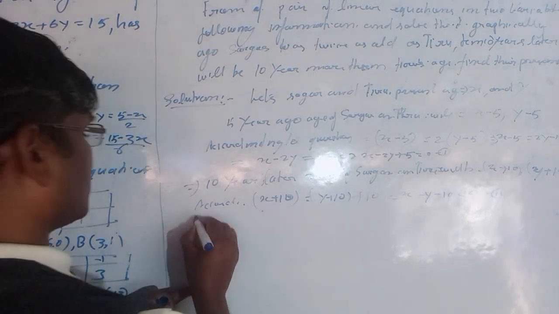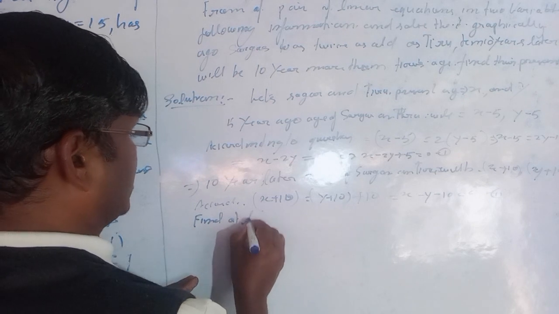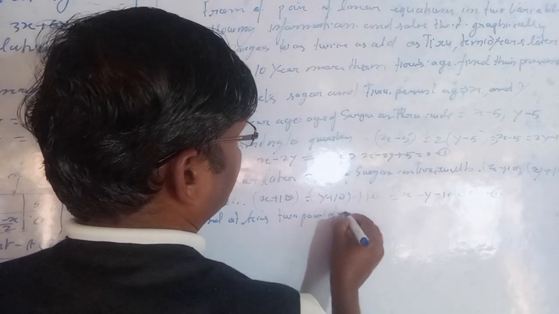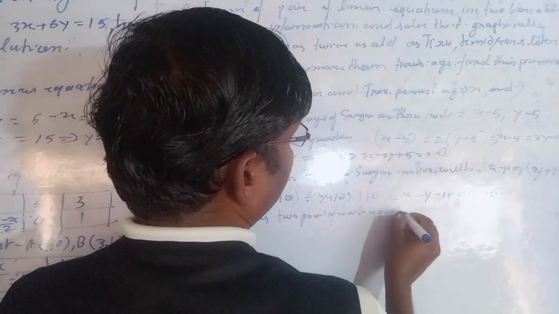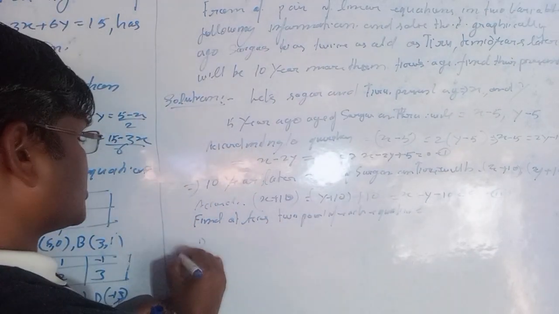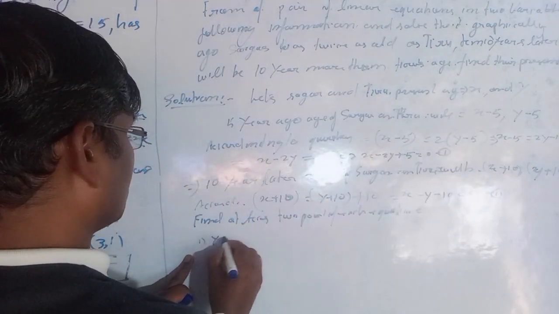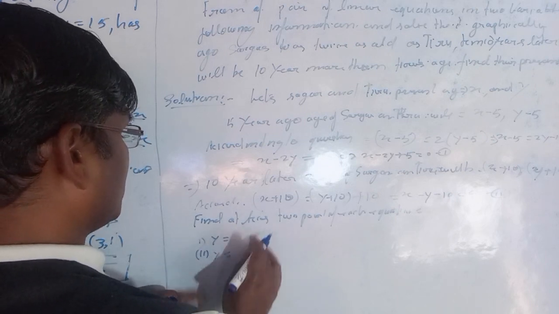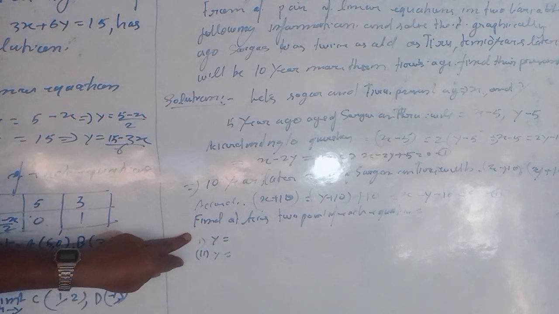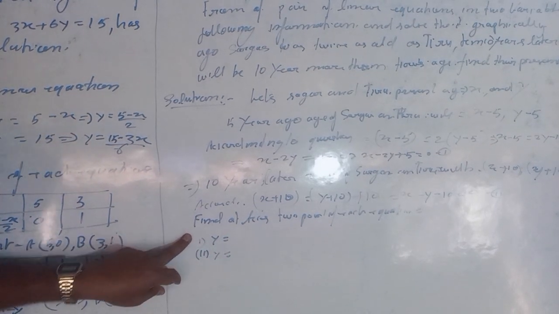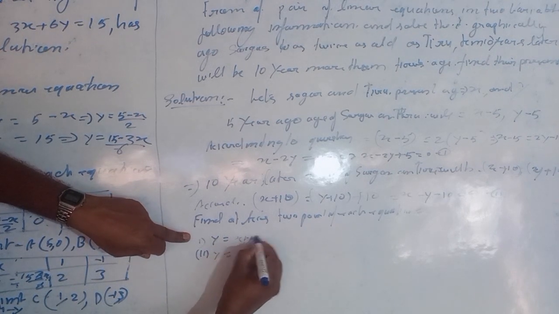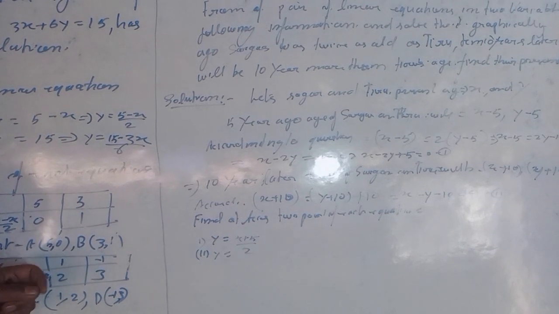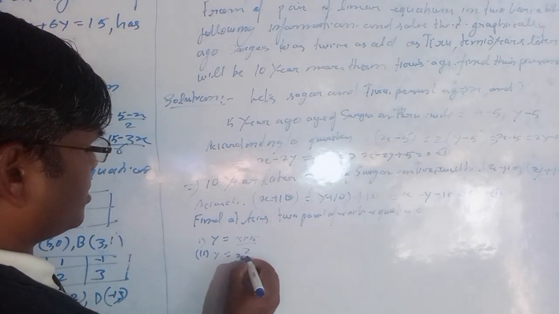So find at least 2 points of each equation. For the first equation we will take the value of y is equal to x plus 5 by 2, and for the second equation y is equal to x minus 10.